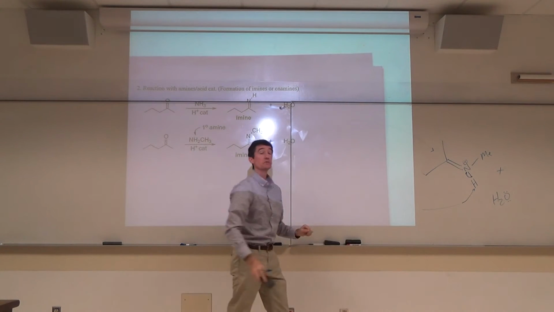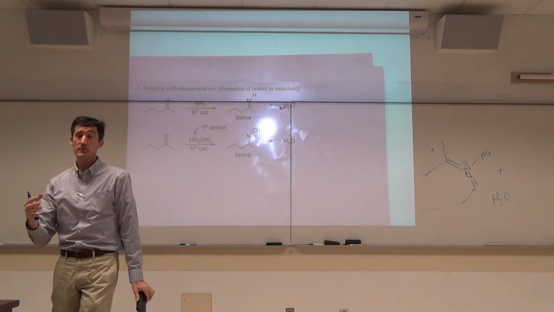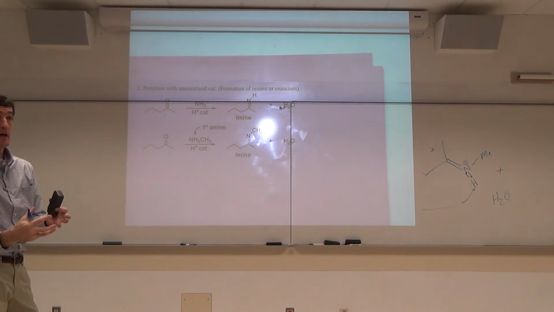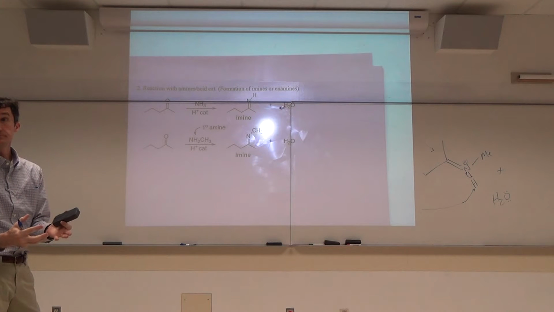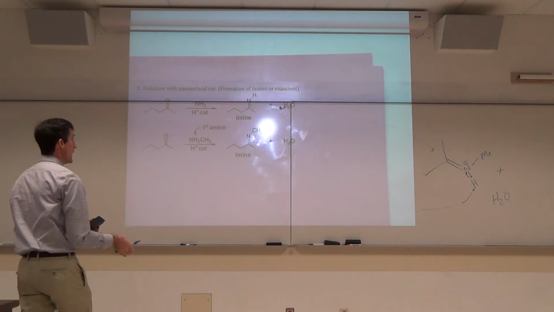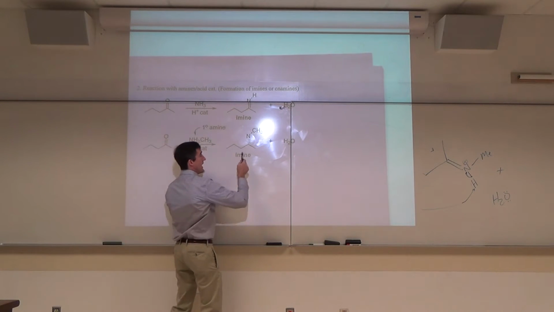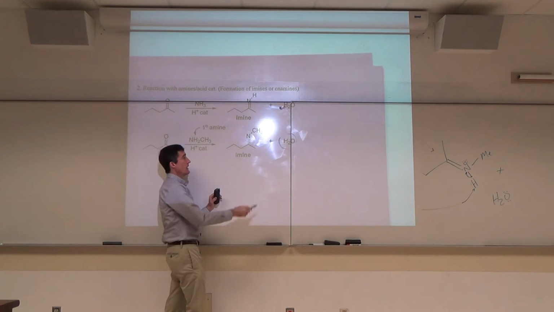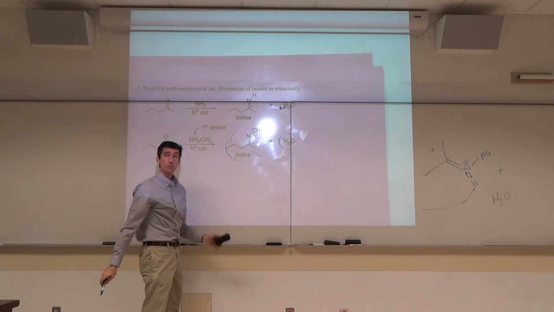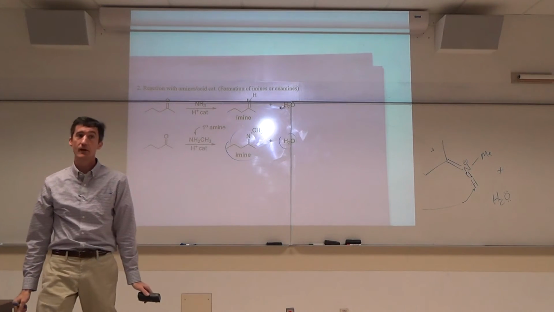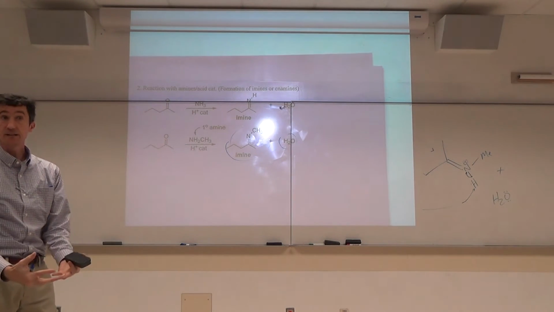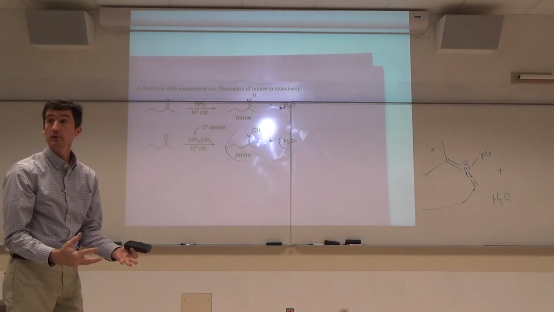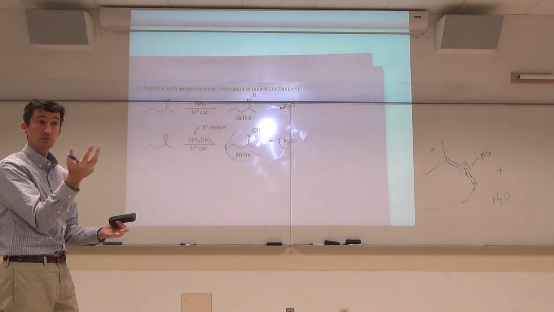I think there's one other thing that drives it in lab. If you remember when you made the imine, it precipitated. Okay? So, how can you drive it to the right? Remove the water as it's formed. But you can also remove the imine. What's a way to remove the imine? If it precipitates, it's actually being removed from the equilibrium because it's no longer dissolved and in that equilibrium.